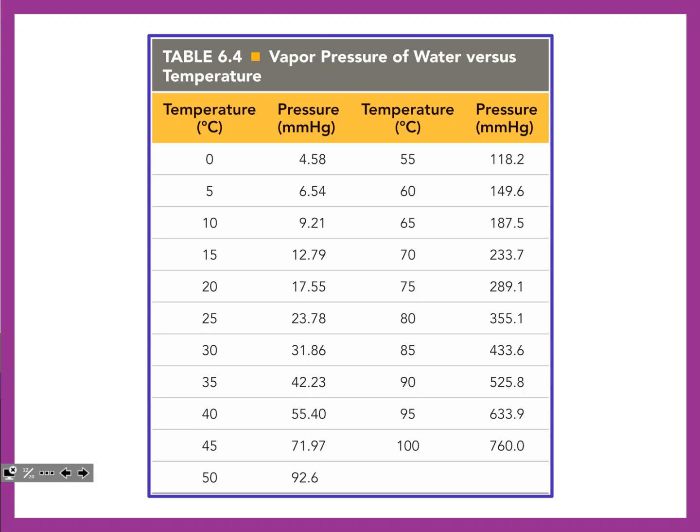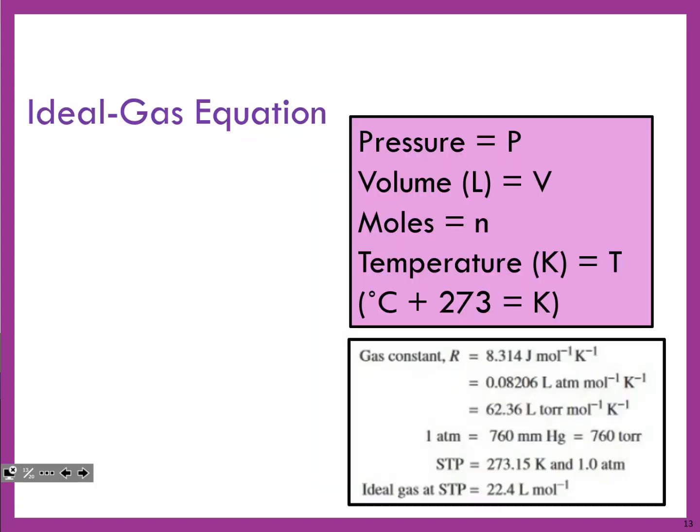And you can Google these too. This is the one out of your textbook, but there are plenty of them, in different pressure units: millimeters of mercury, torr (those are the same thing), atm, kilopascals, and a couple of others. Just Google it. That might make it easier.